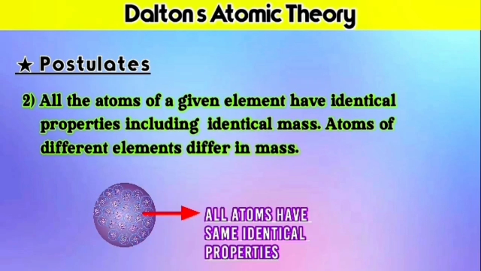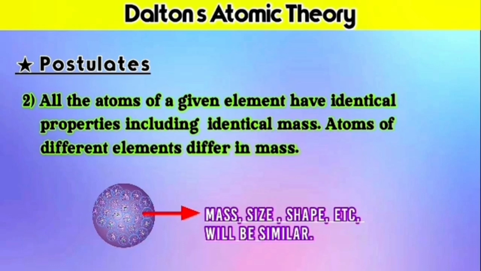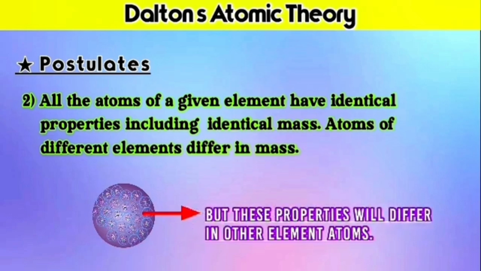And here identical properties means mass, size, shape, etc. of that atom. Now as I said, one atom's properties will be similar to all other atoms in the same kind of element, but it will differ in the atoms of other elements.